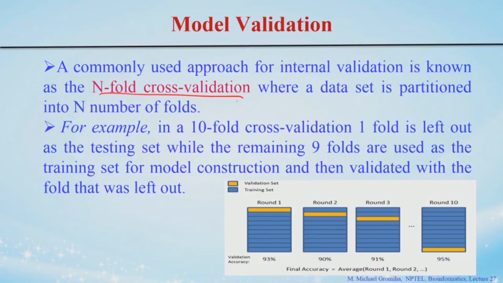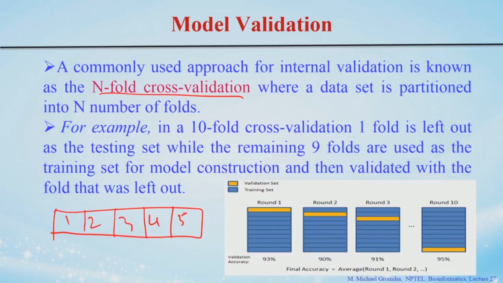In this case we divide the data set into n groups and take n-1 groups as training and the one left out for the test. So, if it is the tenfold cross validation, we can make 10 groups, or if you have 5-fold cross validation, for example 1, 2, 3, 4, 5, we use this for training and this for test.